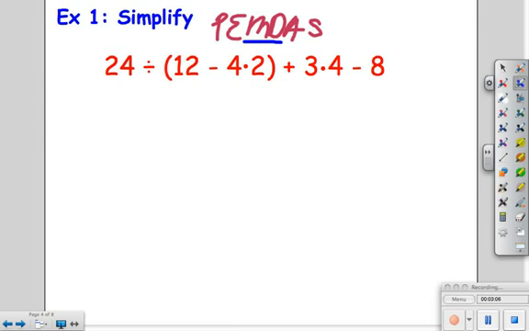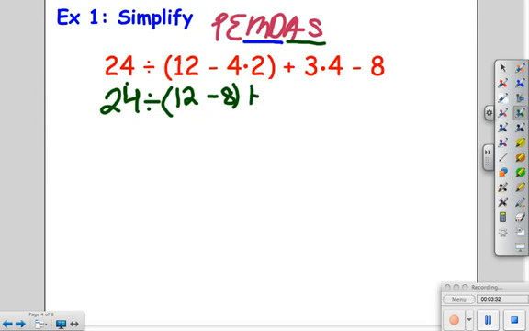So by the order of operations, I'm going to have to get rid of my multiplication before I get rid of my subtraction. So I'm simply going to rewrite this line and take out that multiplication piece inside my parentheses and leave everything else the same.